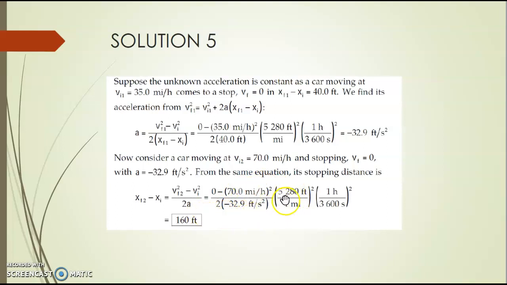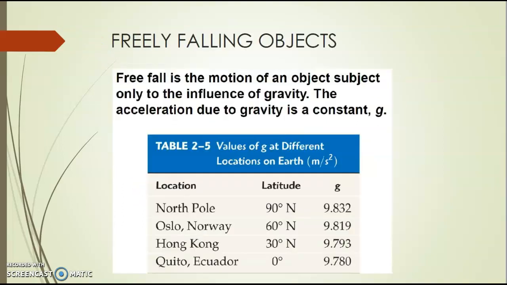Then we convert everything. Since this is feet and this is miles, we need to convert miles to feet, and from hours to seconds so that we can have a cancellation of units. So therefore, our stopping distance is 160 feet. We assume that the initial distance is 0 here.